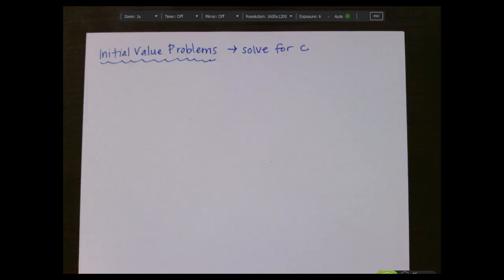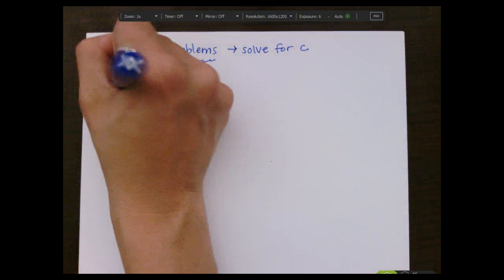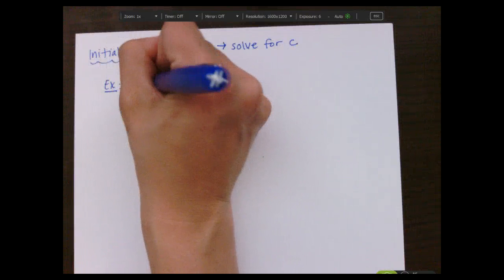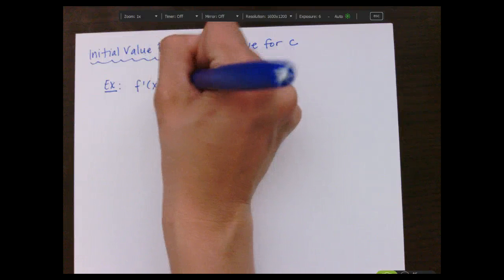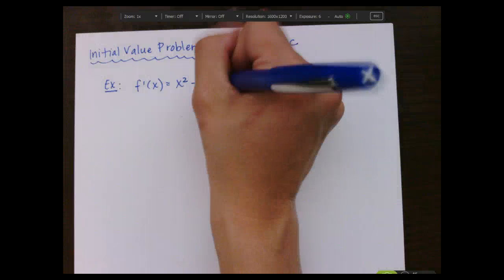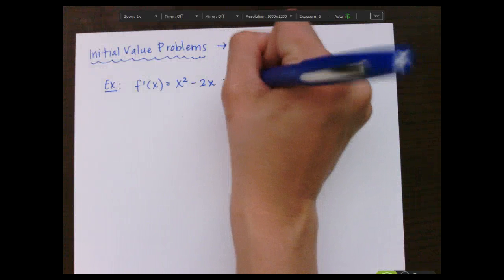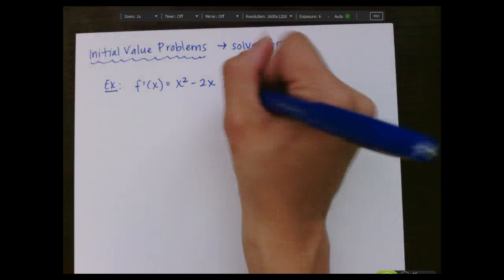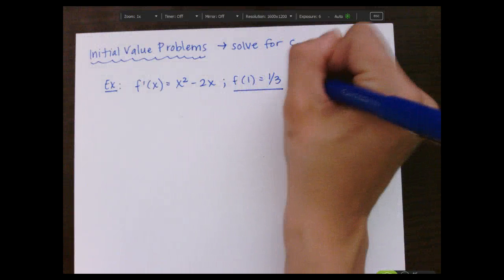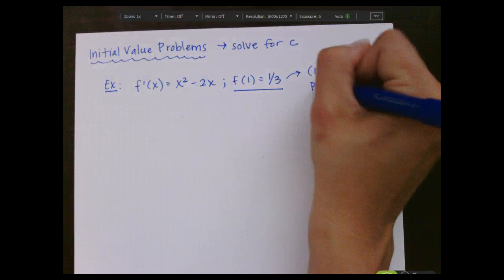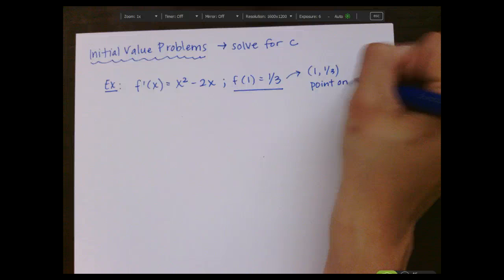So let's say that we have, for example, a derivative that's given to us as x squared minus 2x. And we're given one additional piece of information. We're given that there is a point on f.